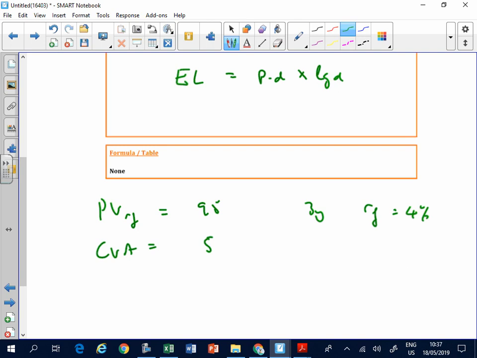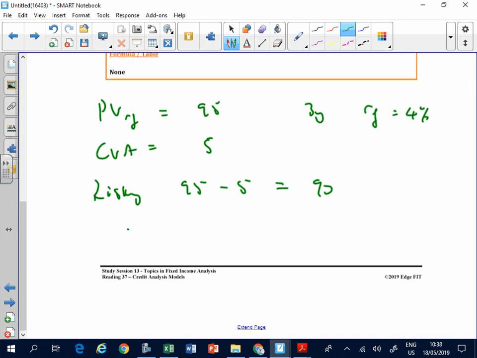So how would I approach this? This is the risk-free valuation, 95. This is the CVA, 5. So what is the risky value of the bond? The risky value is 95 minus 5, which is 90. The bond is held for 3 years and pays 100, so I get the 100 back in the future, and I discount it by 1 plus Y for 3 years.